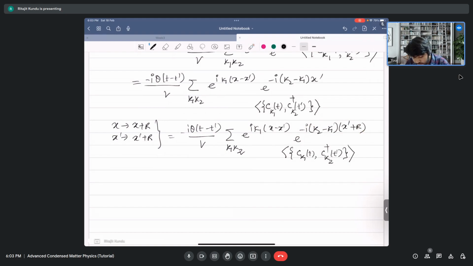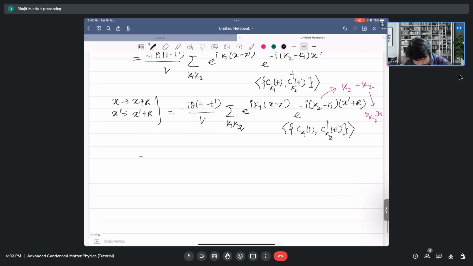For this to be 0, this can only be non-zero if k1 is equal to k2, so that this whole phase factor vanishes. That will give me a Kronecker delta, k2 comma k1. So I'll preserve homogeneity.